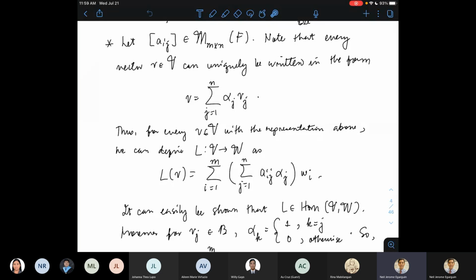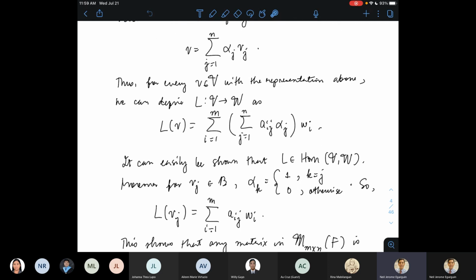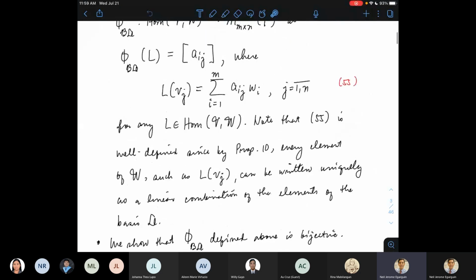Okay, so going back here, we have defined a linear transformation L. So what remains to show is that this linear transformation L satisfies definition 55 or equation 55, which is how we define phi of L. All right. So note that definition 55, if we go back to it, equation 55 requires that the image of a basis element vj must be equal to this sum, right?